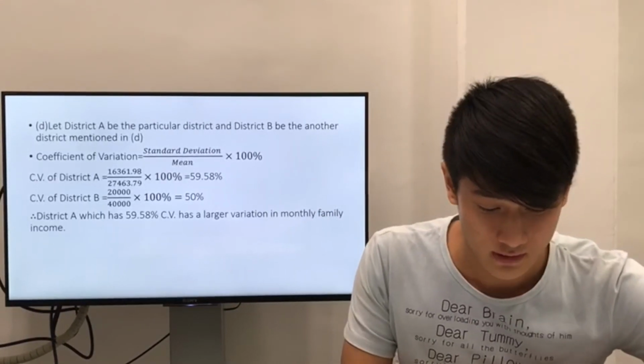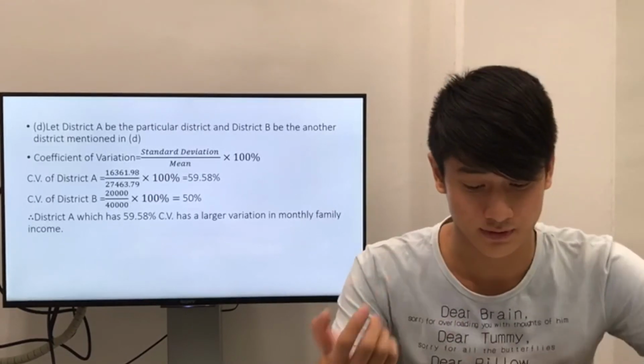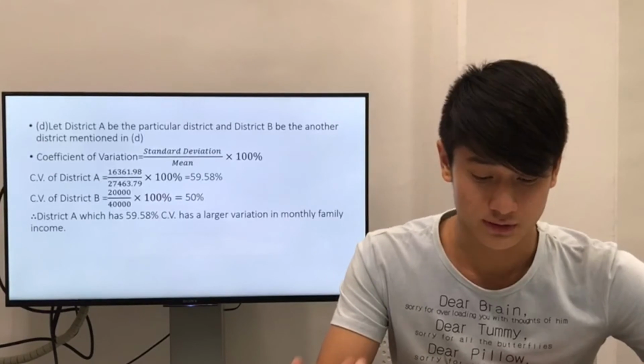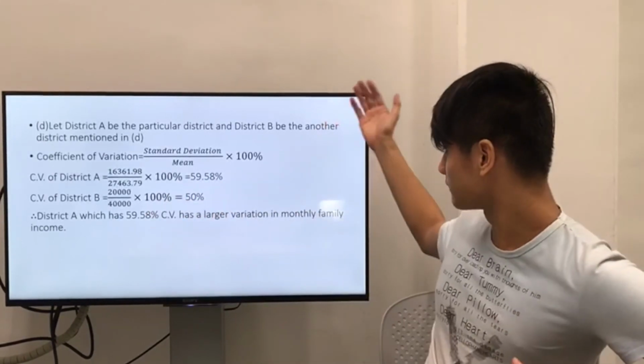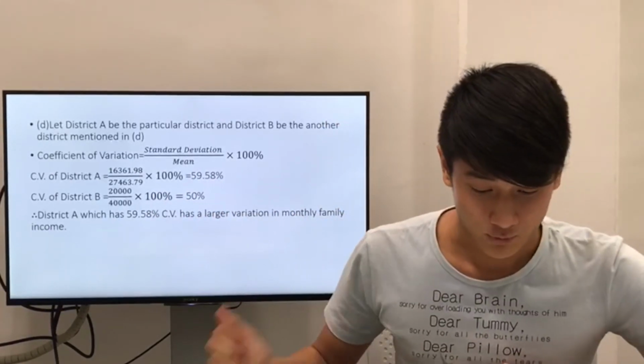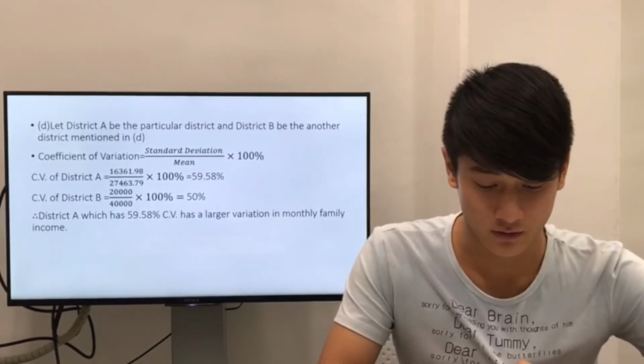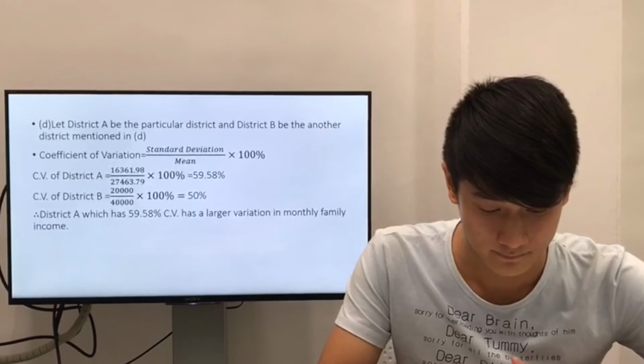of variation. First of all, let the district mentioned in 1A be district A, and let the district mentioned in 1D be district B, for the sake of easier understanding.